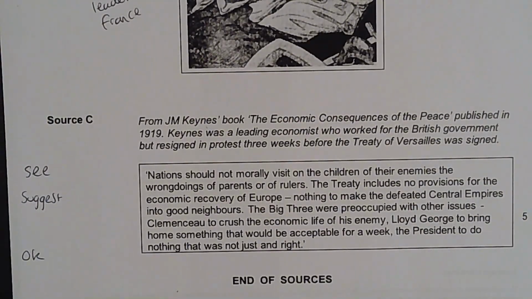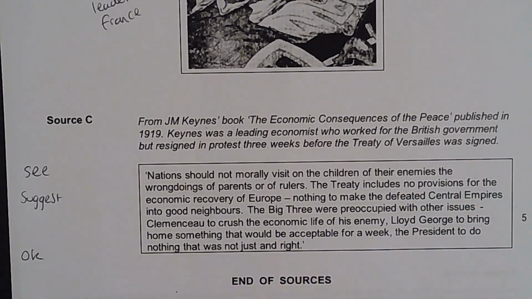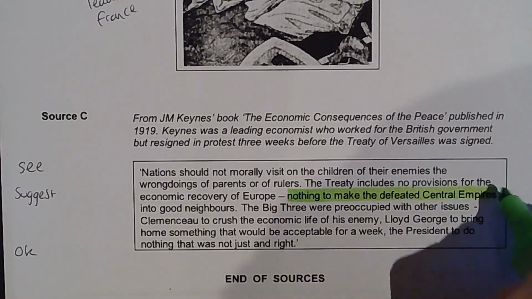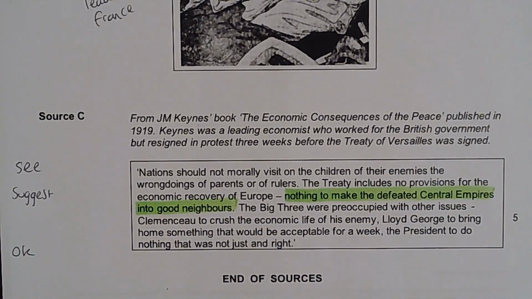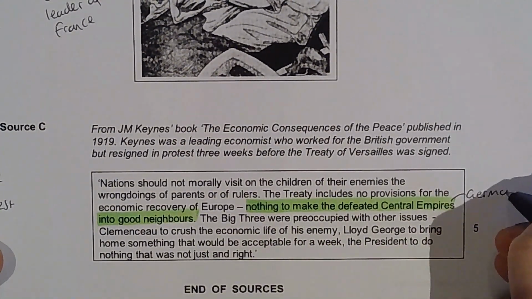So if I'm looking here, I'm just going to pick a really easy quote to talk about. It doesn't need to be difficult. Simplicity is key. Okay, and here it says, there is nothing to make the defeated Central empires into good neighbours. So nothing to make Germany into good neighbours.